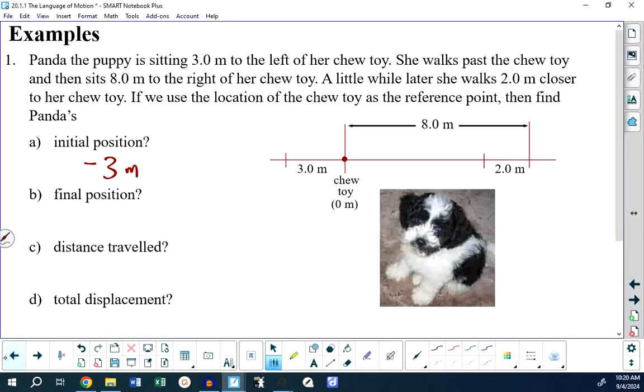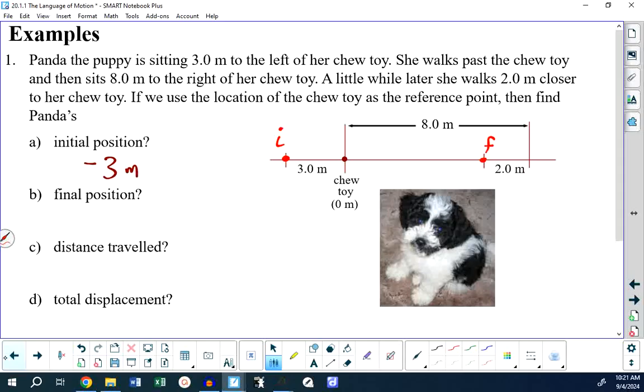What's her final position? Okay, so what does she do? She walks so that she lands 8 meters to the right of the chew toy. So she goes over here, loses her attention of what she was after, gives herself a little bit of a scratch, and then she walks 2 meters closer to the chew toy. So she starts here, I for initial. She finishes here, F for final.